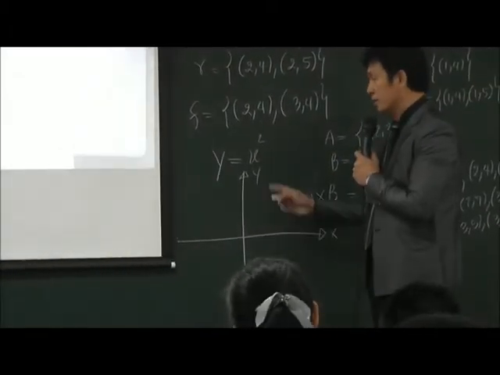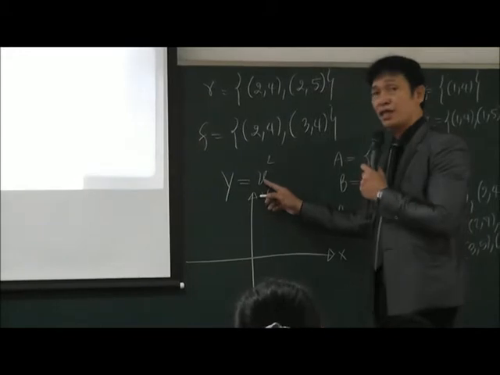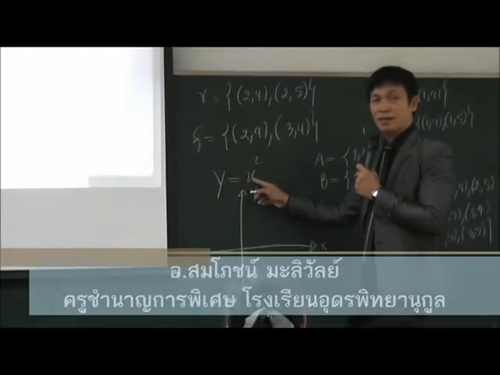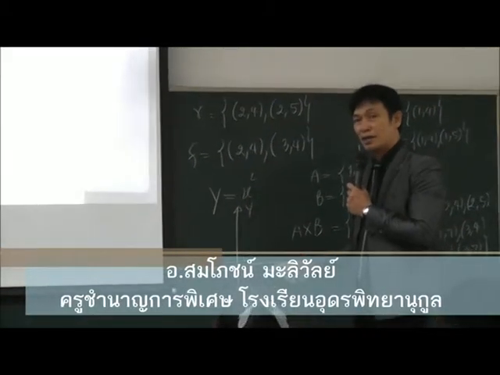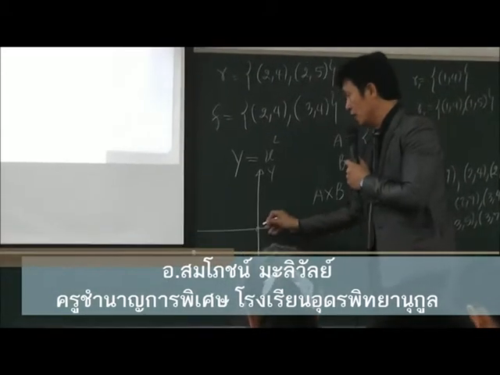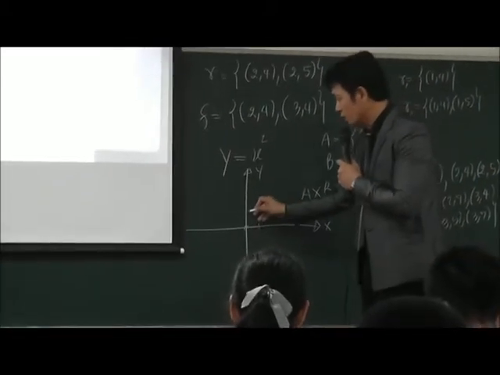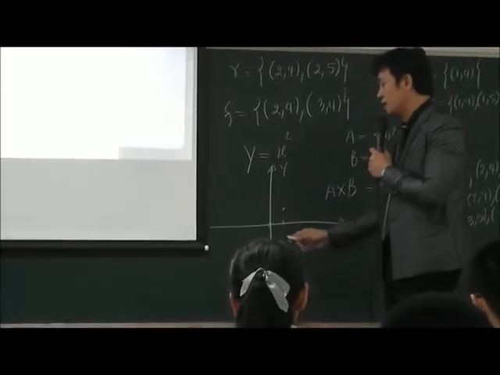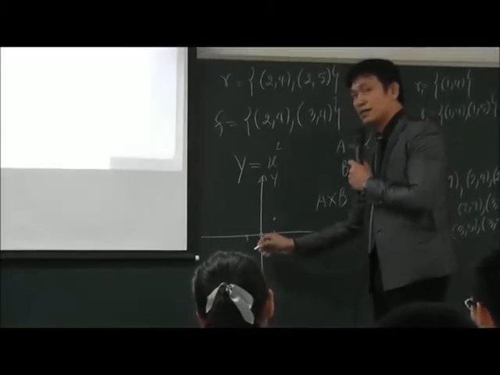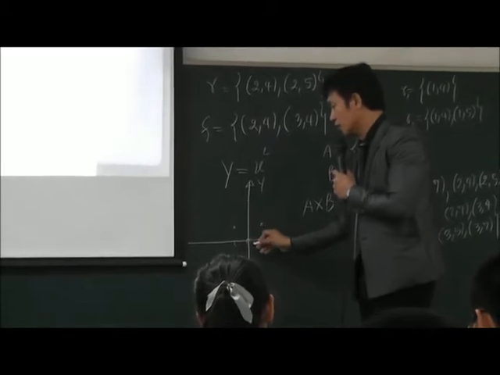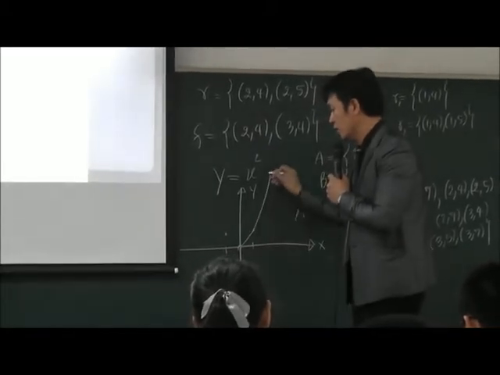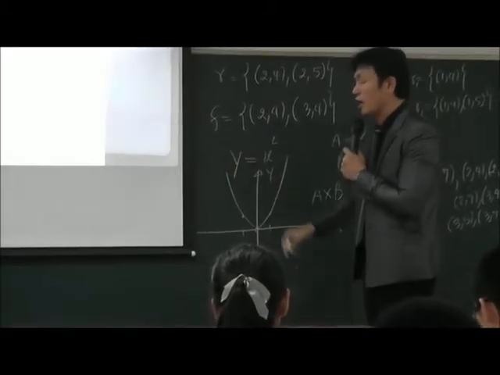Then we sketch the graph. If x is 0, how about y? 0. X is 1, y is 1. X is negative 1, y is 1. Very good. After that we can sketch it because we know the parabola's form.